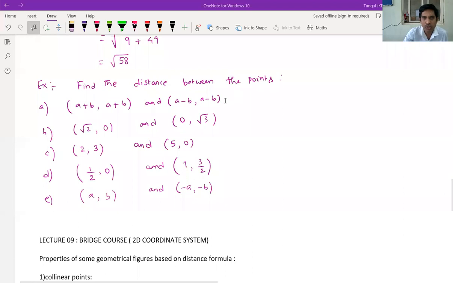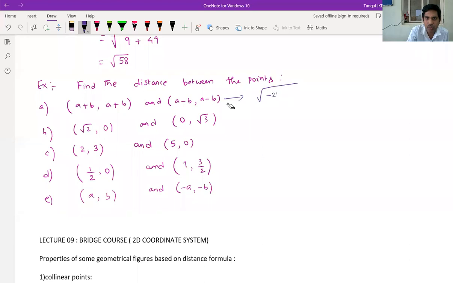And what is the first one's answer here? Right, what is the answer for this one? Nothing but root over... this one minus this one, x2 minus x1, the a gets cancelled.